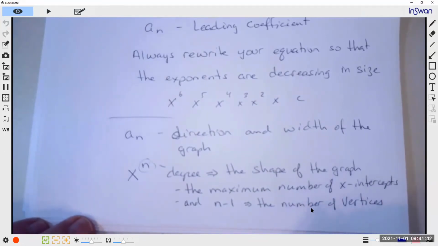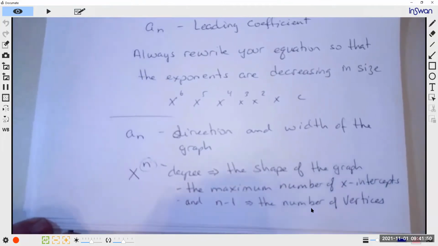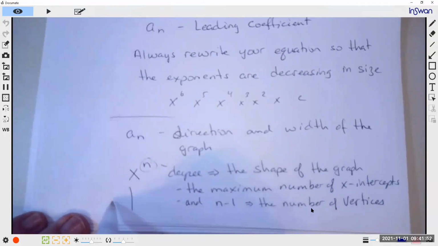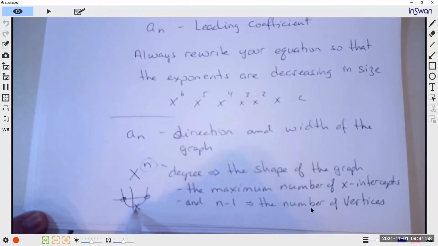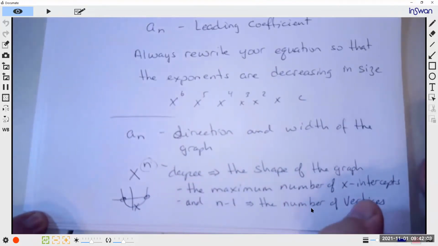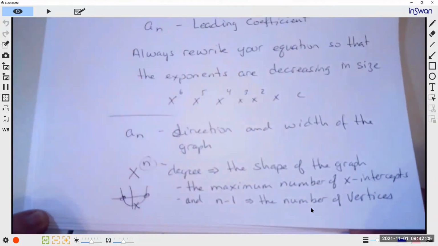So we're always going to have one less vertex than we have x-intercepts. This became evident when we had a parabola. We have 2 x-intercepts and only 1 vertex. So it's always one less vertex than x-intercepts.